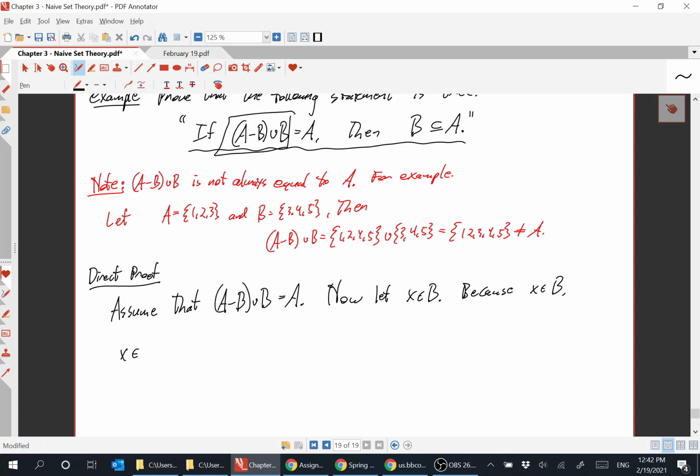What's the definition of union? P union Q is equal to what? It's the set of all x such that x is in P or x is in Q. All right. So x is in B. So is it in this?